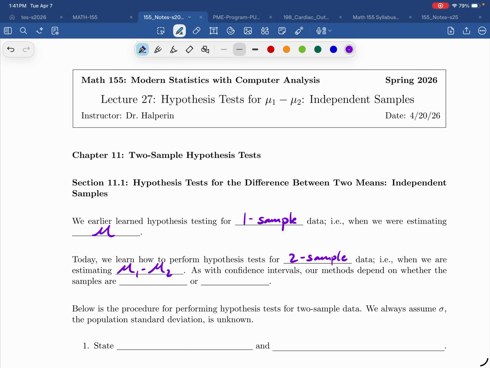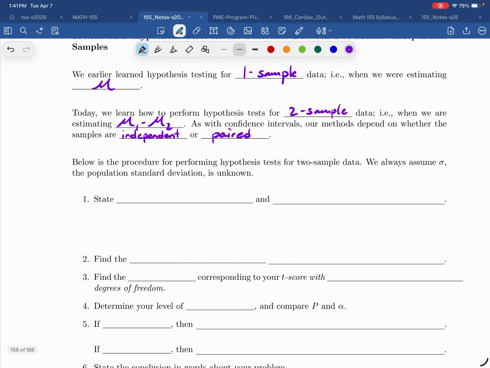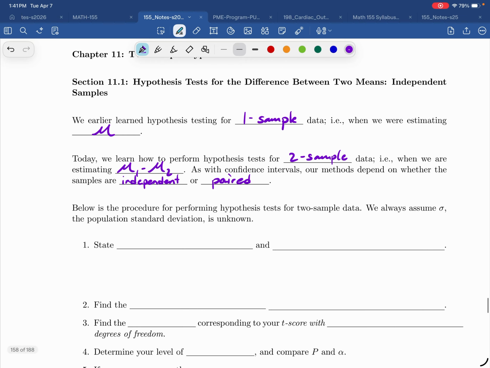And if you remember that, there were different techniques depending on whether our samples were independent or paired. Now, we're going to look at independent samples first off. I guess this is two sample data, but in our case, this is going to be for two sample independent data.